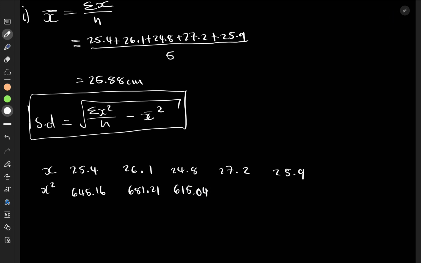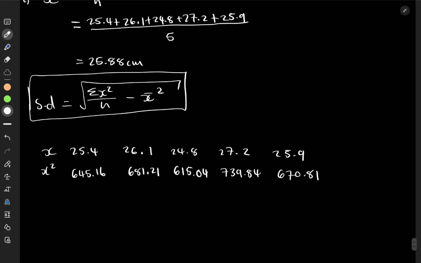Now it'll be 27.2 squared, giving us 739.84. Then 25.9 all squared gives us 670.81. So now that we have these values, what's next?